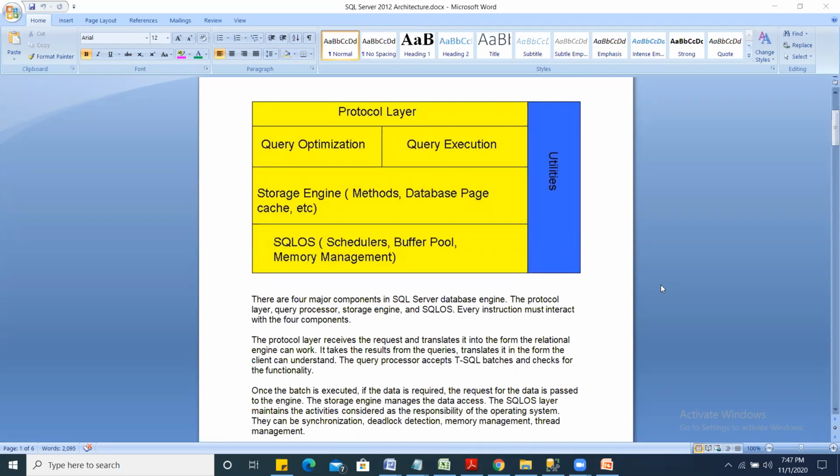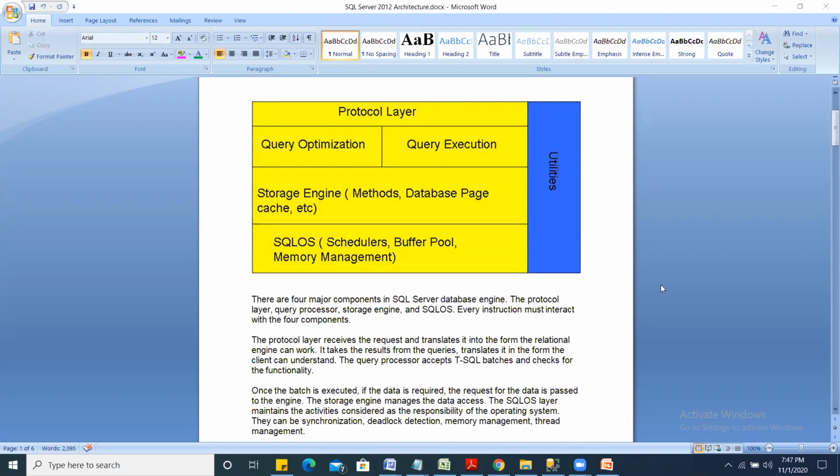When SQL Server and the client exist within a local area network, communication between client and SQL Server happens using the named pipes protocol. And when client and SQL Server are far apart, beyond the local area network, over the internet, communication happens using the TCP/IP protocol.